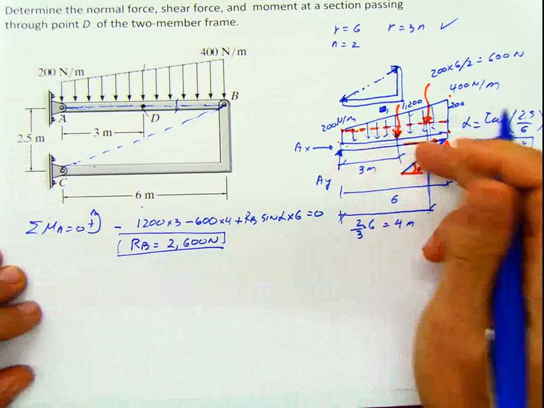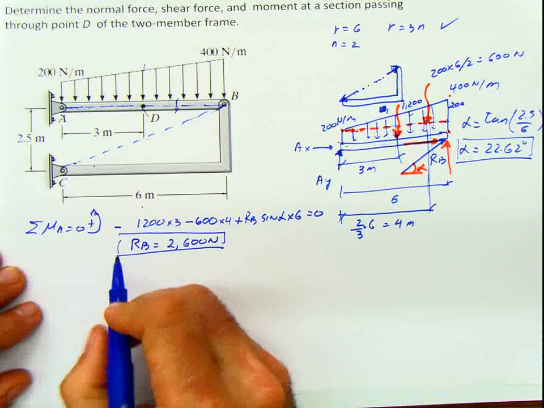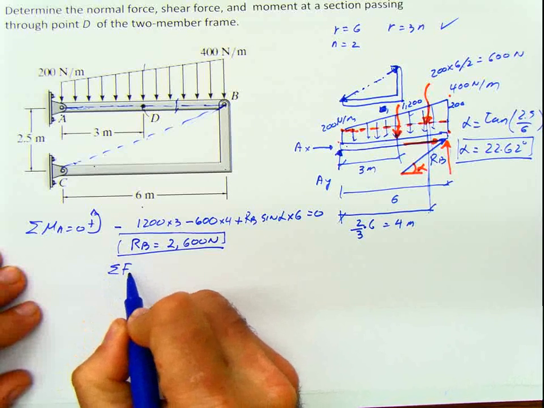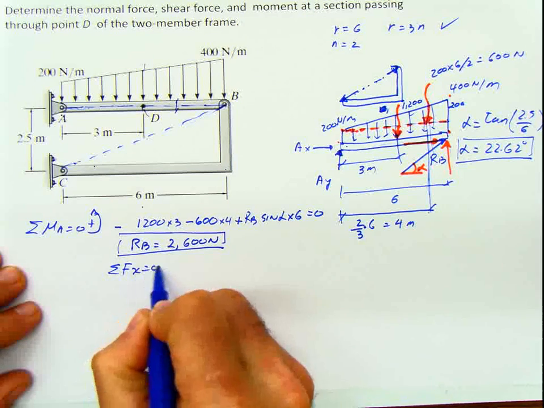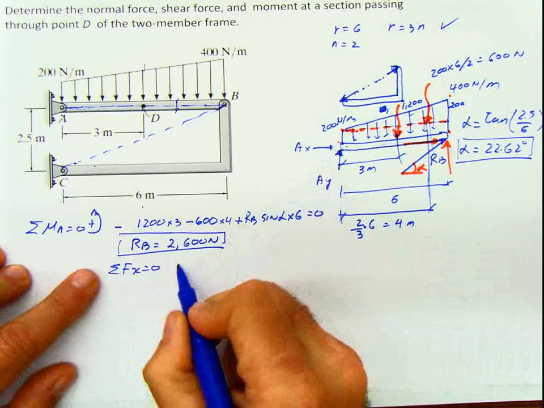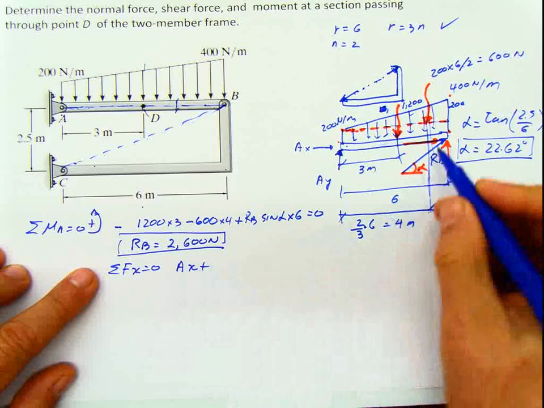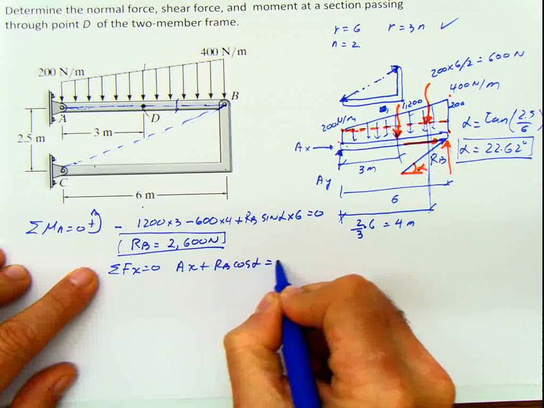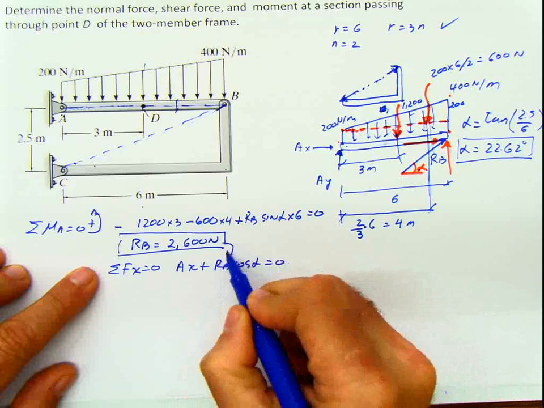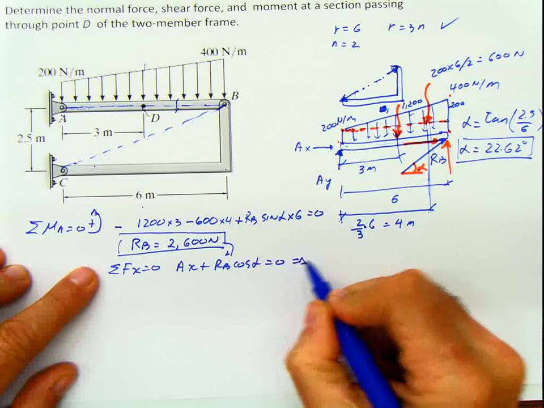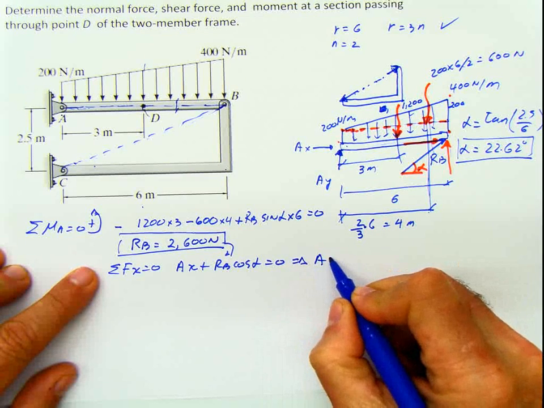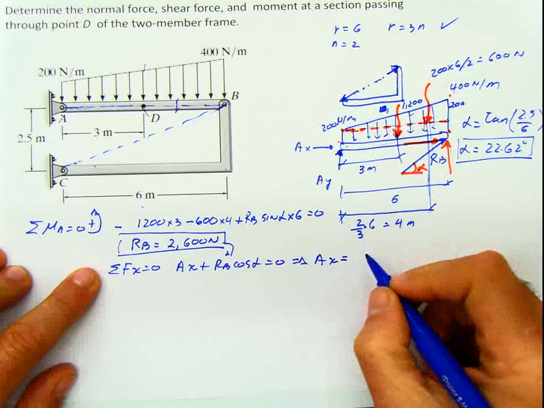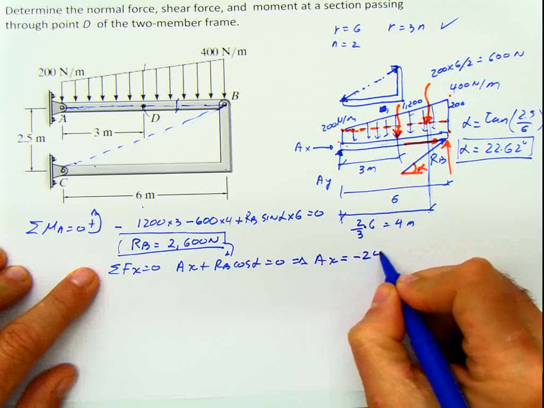And once I have that, I can do summation of forces in X equals 0. And then AX plus RB cosine alpha equals 0. RB, I know it. Alpha, I know it. And that means that AX is going to be equal to negative 2400 newtons.